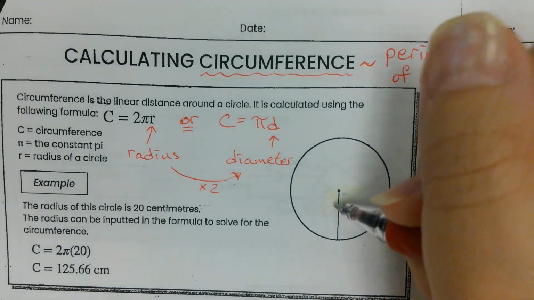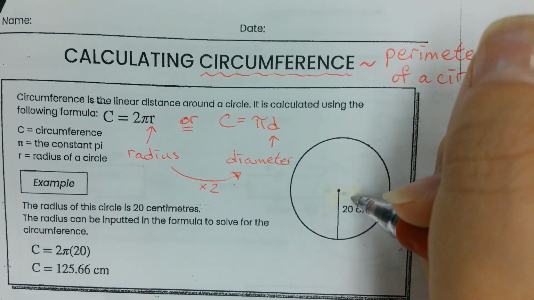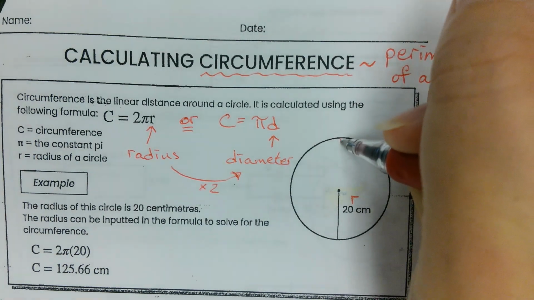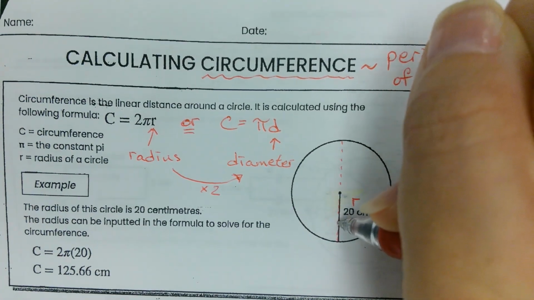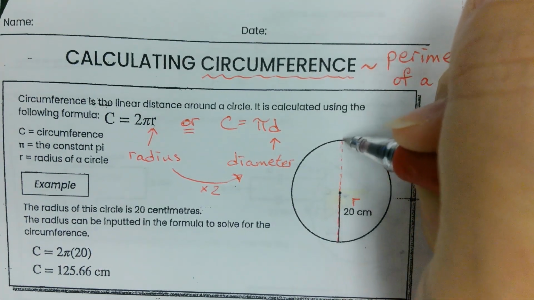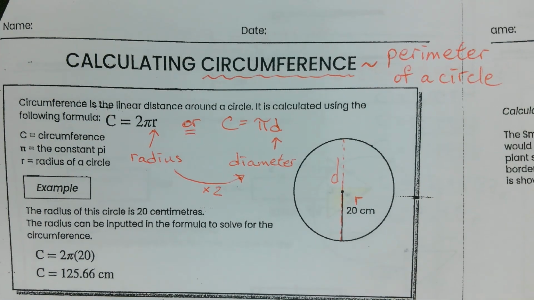So this half of the distance right here, this is r, and if you do the full distance right here, that's d. So half is r.